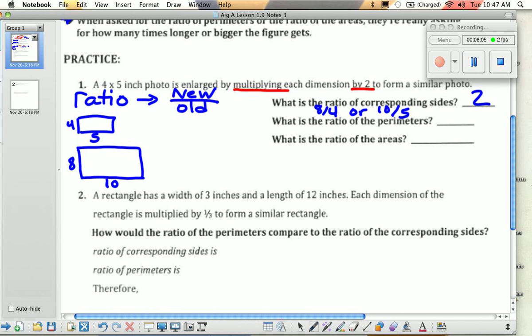Anybody think they know what the final answer will be? What will that ratio be? You know, the ratio of corresponding sides is 2. Anybody have a prediction for what they think the ratio of the perimeters will be? Isaac? 36 over 18. Okay. So again, what does that simplify to? Okay, let's just do it, because you guys don't want to make predictions for me on what we learned yesterday.